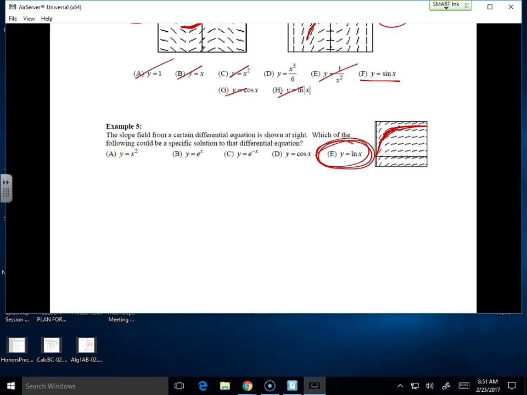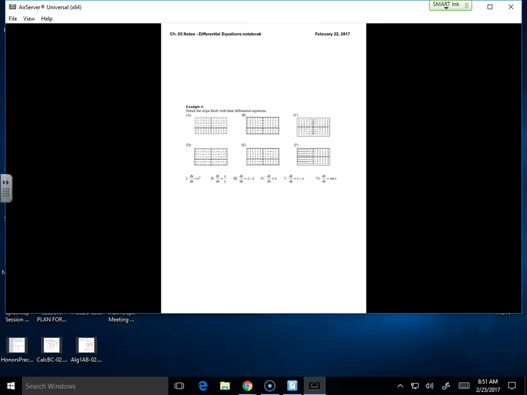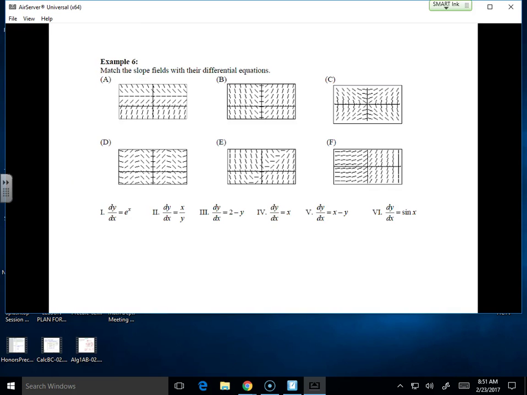Let's go find ourselves one of those matching things with dy dx. Nice. Uh-oh, wait. So we're matching with dy dx now, not y? Oh, shoot. Now, wait, it's not awful, meaning if you know the derivative is e to the x, what do you know about the original, guys? See that? So we could follow the flow on some of them and say, which one looks like e to the x?